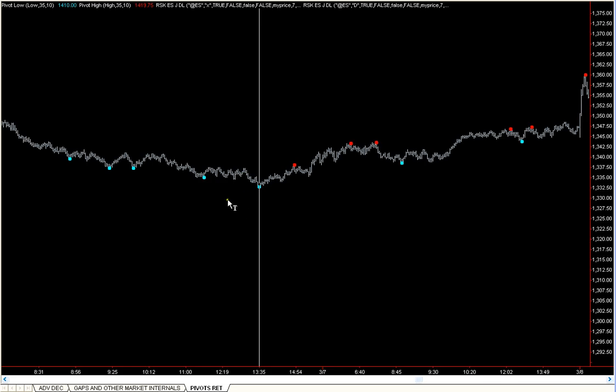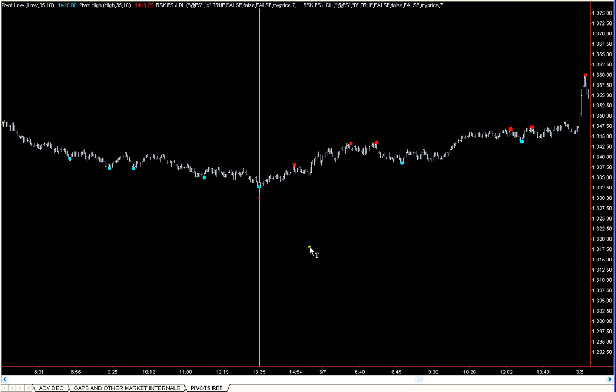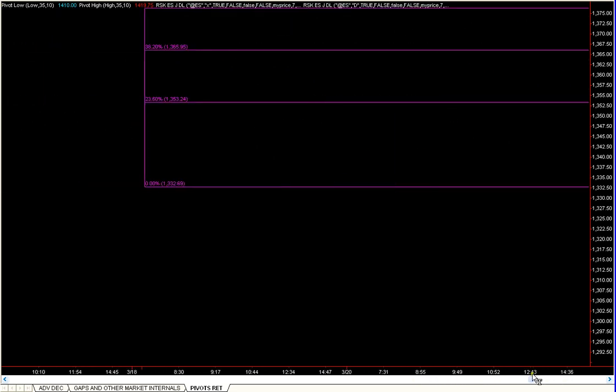Okay, so for example, I'm going to go back and look at a big significant pivot, and that occurred way back on March the 6th. The low hit 1332.75. Since then, it has not gone lower.